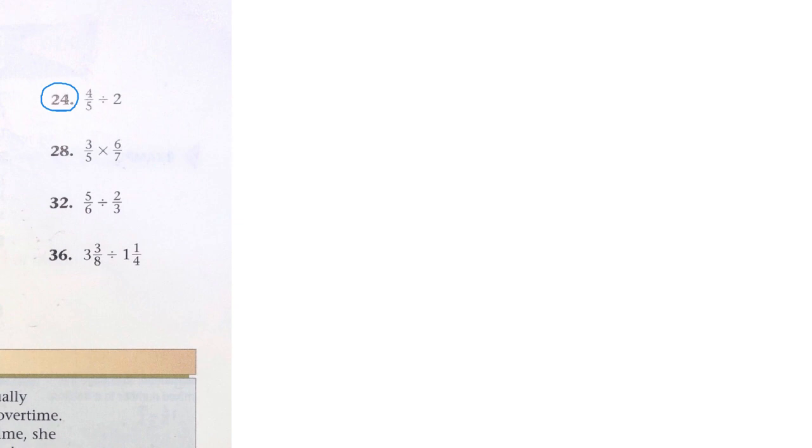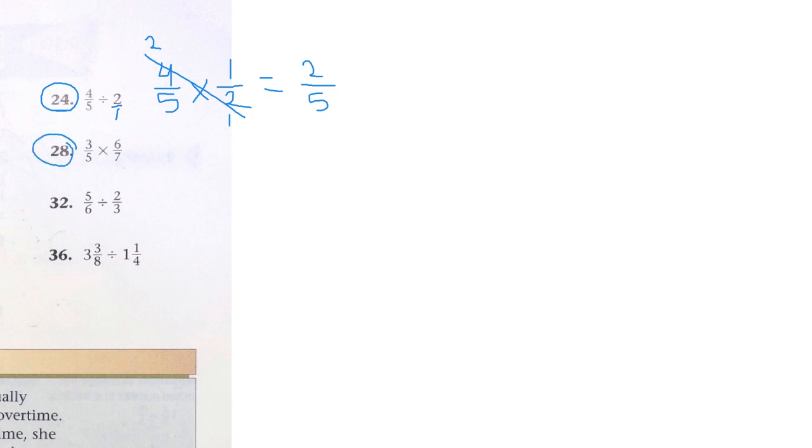So for 24, we have 4/5 divided by 2. Well, change the division sign to multiplication, and 2 would be 2 over 1, so invert that to 1 over 2. Cross cancel, and we get 2 over 5.